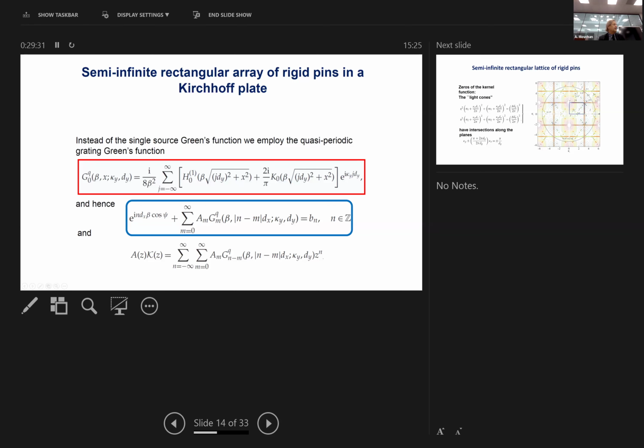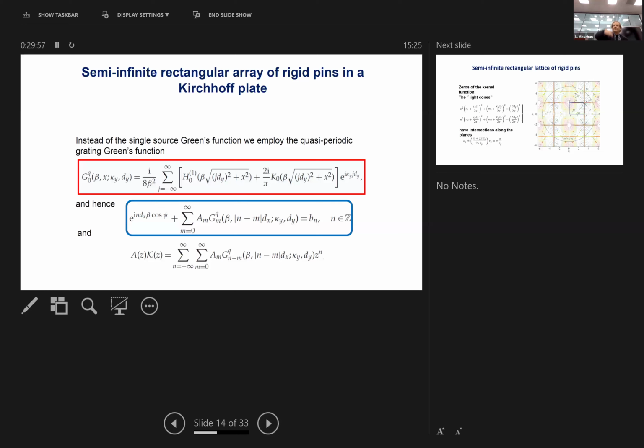But as you can see, I have Hankel function, and I have the modified Bessel function K0, which is exponentially localized. They're both singular, and they cancel each other's singularity. But this one represents a propagating outgoing wave. This one is evanescent.